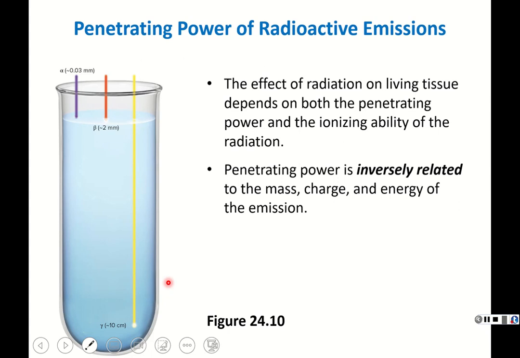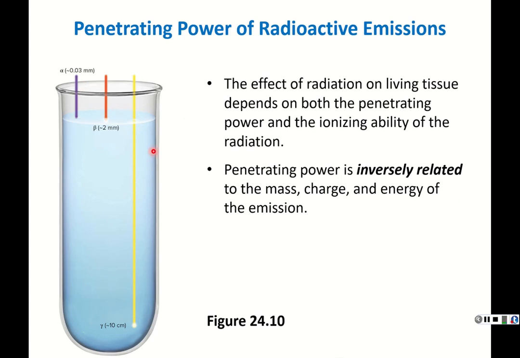Okay. All right. The effect of radiation on living tissue depends on both the penetrating power and the ionizing ability of the radiation. So penetrating power is inversely related to the mass, charge, and energy of the emission. And if you look at the 3 different types of radiation we primarily have talked about, alpha particles, beta particles, and gamma rays, you'll see that alpha particles really don't penetrate very far.